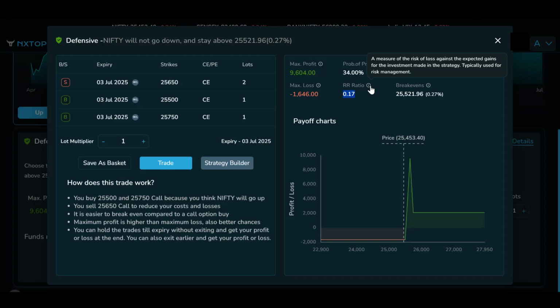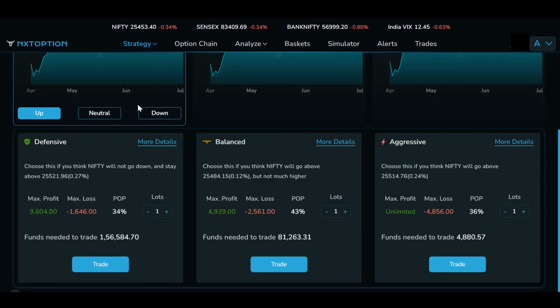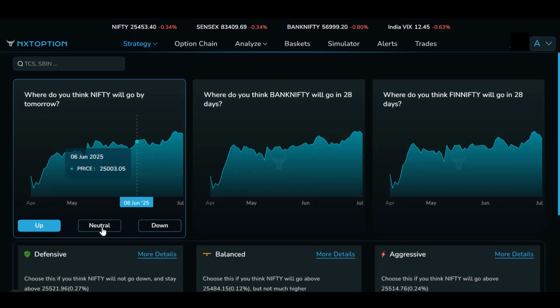It measures the risk of loss against the expected gains for the investment made in the strategy. That means for every one rupee profit, you are going to lose 17 paise. So that is 0.17.